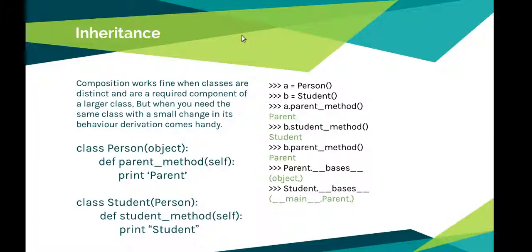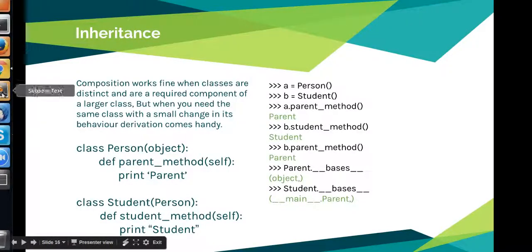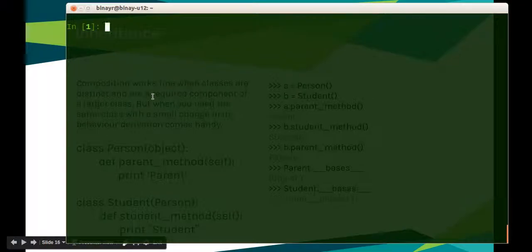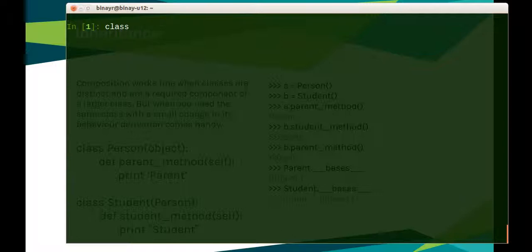Okay, so let me give you an example. Suppose I create a class here, person, inheriting object. I'll be following new style classes for this whole tutorial because that is the most advanced, and in the next video I will tell why new style classes are more preferred over old style classes.